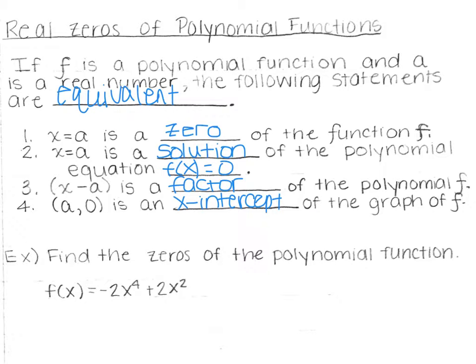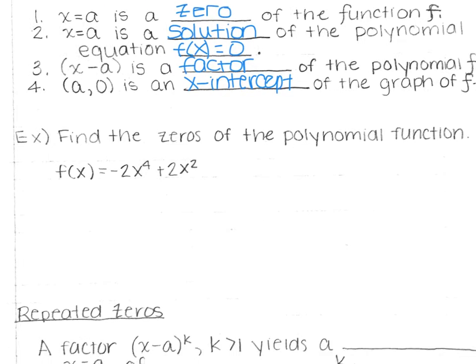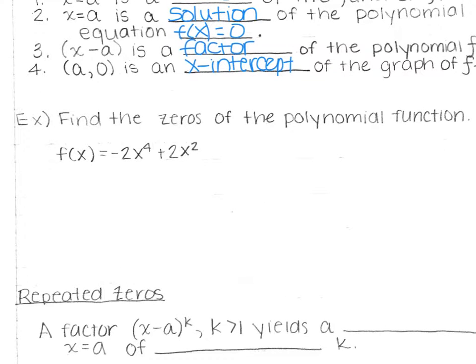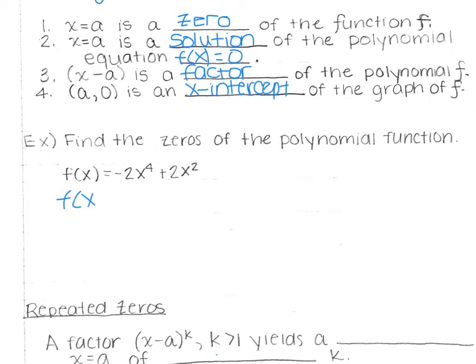So let's take a look at finding the zeros of a polynomial function. In this particular case, we need to begin by factoring. So f of x, we'll factor out a negative 2x squared, and inside this will factor as x squared minus 1.